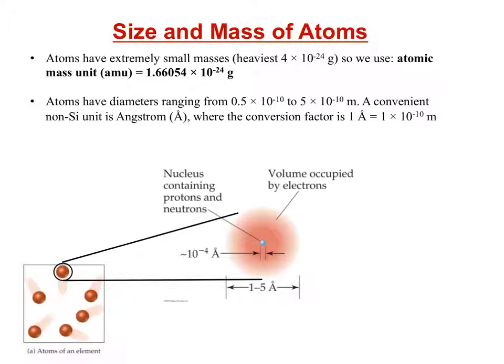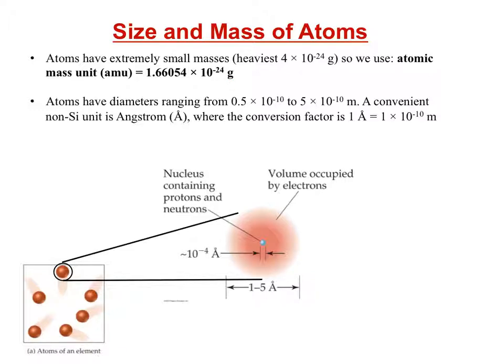So normally we would say that the heaviest atom is about 4 times 10 to the minus 24th grams. But instead of trying to use 10 to the minus 24th grams to always talk about the size of an atom, chemists came up with the atomic mass units, or AMUs. 1 AMU is equal to 1.66 times 10 to the minus 24th grams. This allows us to have much easier numbers to work with.